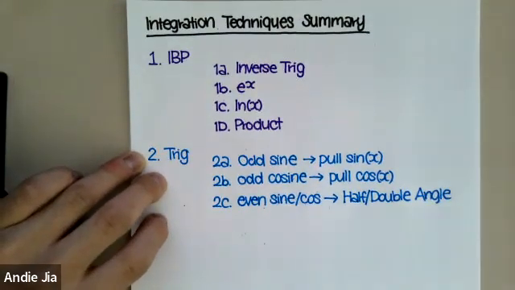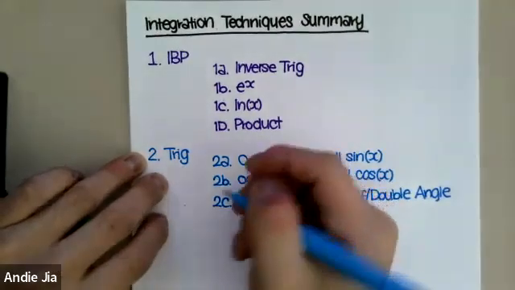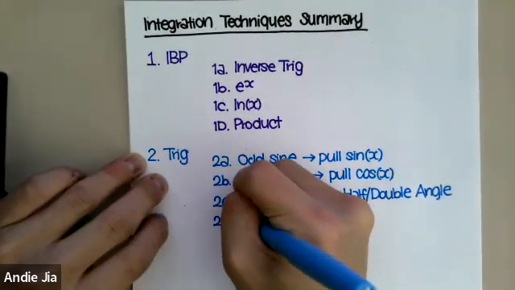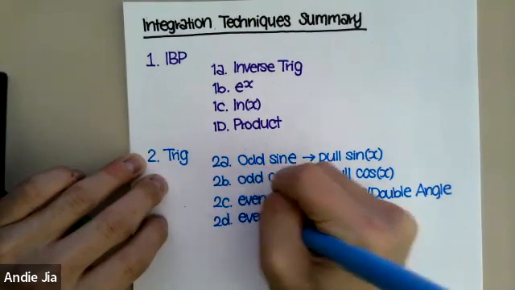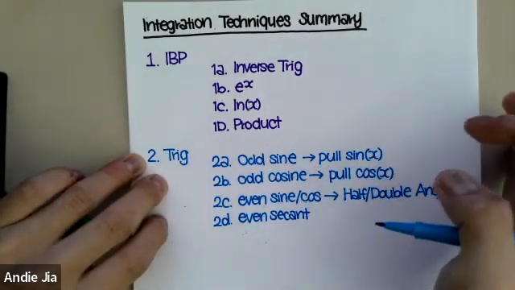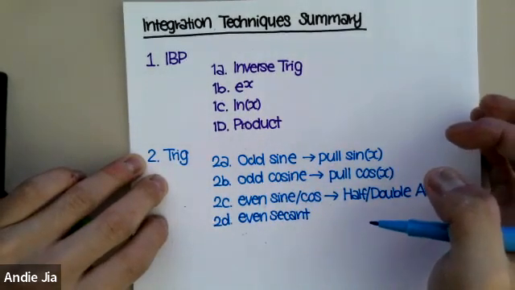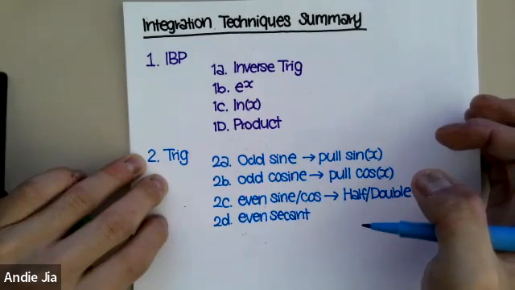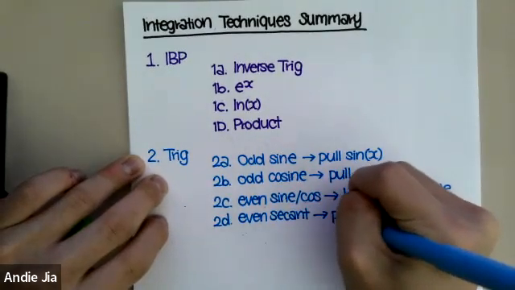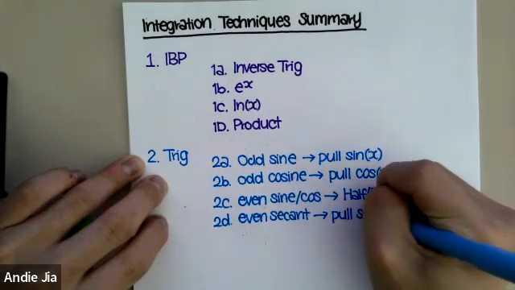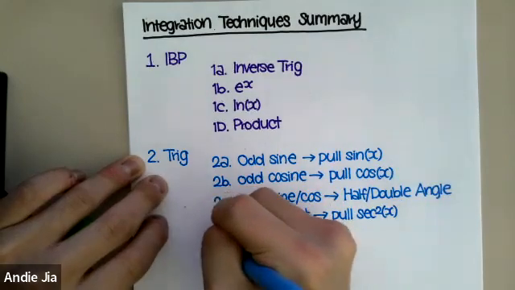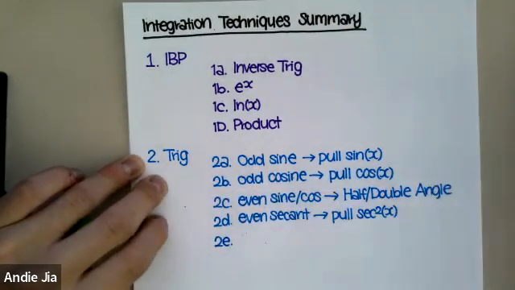D is even power of secant: pull out a secant squared.